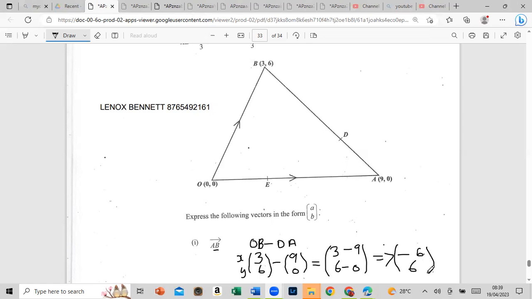So that's the vector AB. We can say (-6, 6). Nice little question to start us off. Let's see what else they have in store for us.